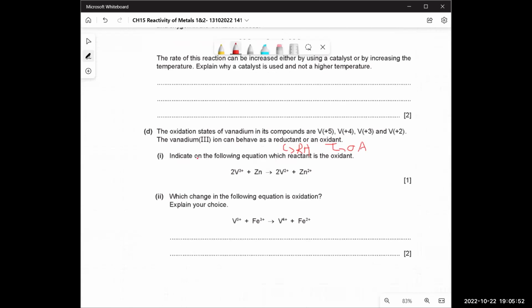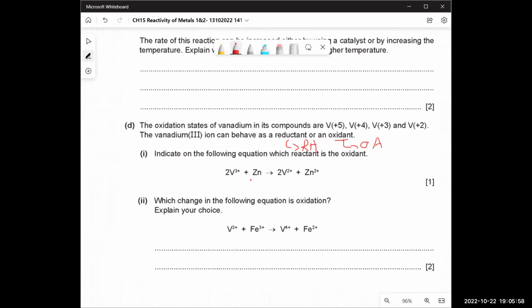Perfect. Now they're asking us to indicate on the following equation which reactant is the oxidant. Which reactant is the oxidizing agent? Quick, I need the answer in the chat. It's like a quiz. The person who gives the answer first gets the point.